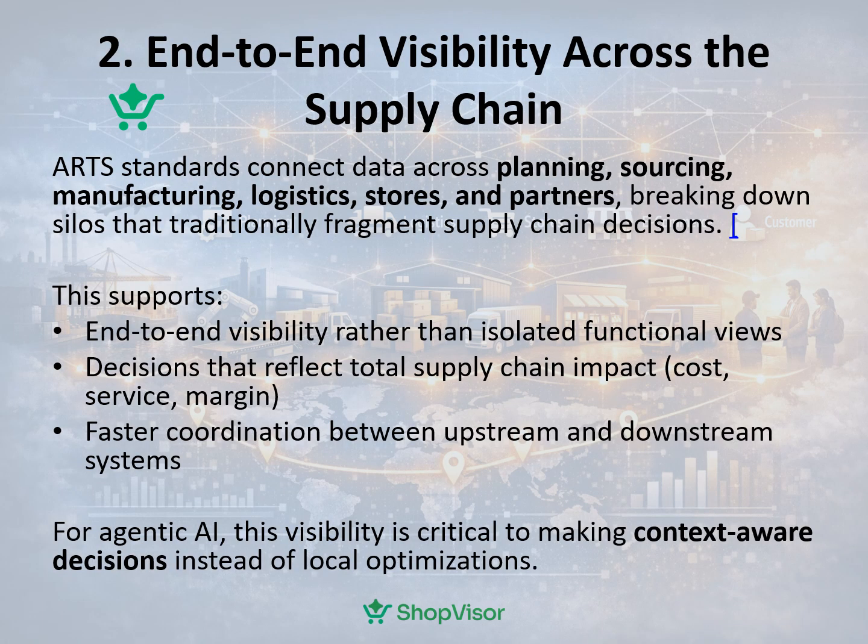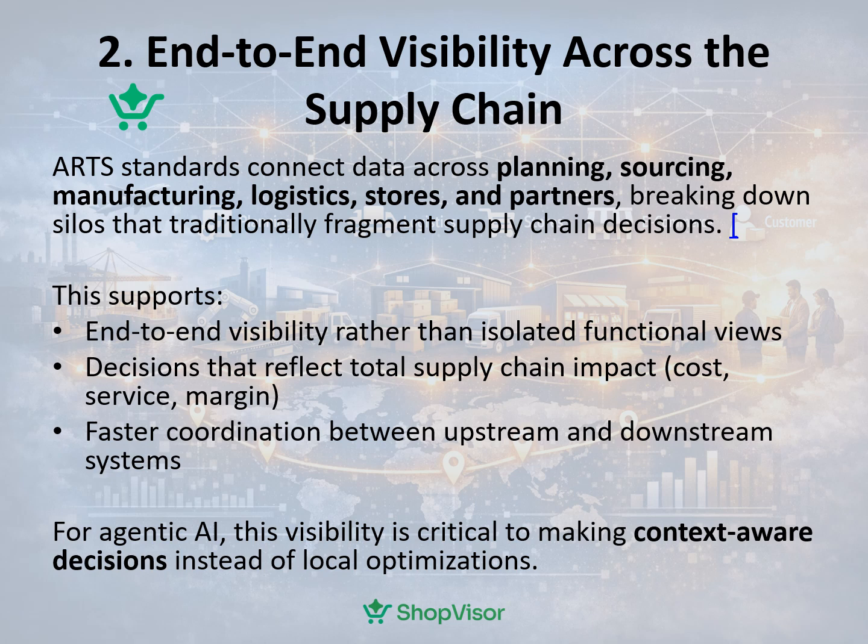So, number 2, ARTS provides end-to-end visibility across the supply chain. The ARTS standards connect data across planning, sourcing, manufacturing, logistics, stores, and partners, breaking down silos that traditionally fragment supply chain decisions. This supports end-to-end visibility rather than isolated functional views.